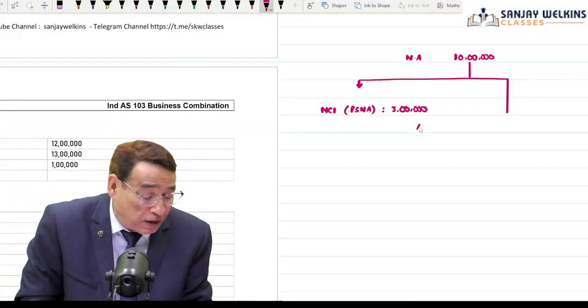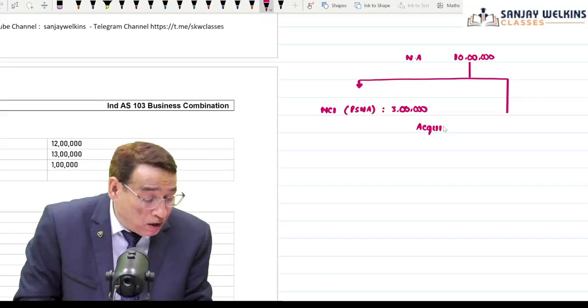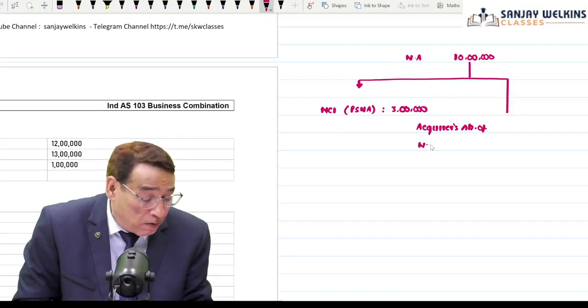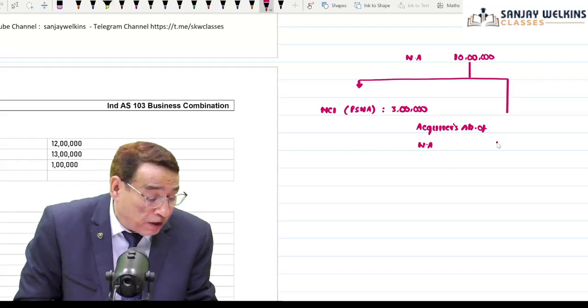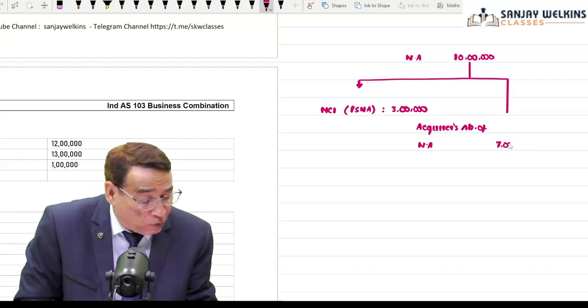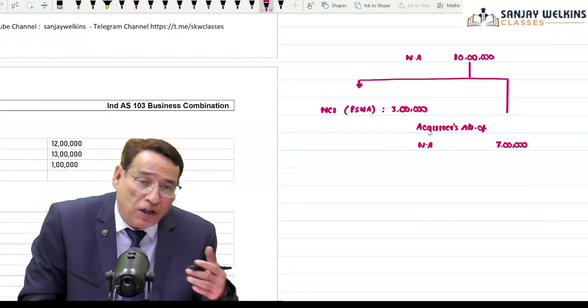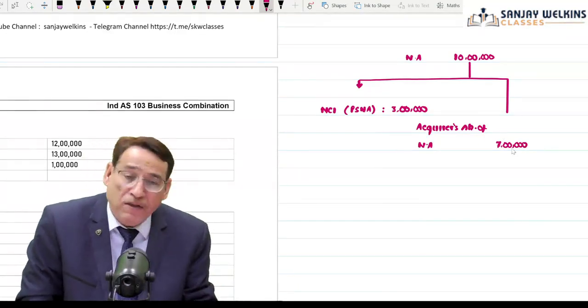So I will write here acquirer's share of net assets, which will be equal to 7 lakh. Acquirer's share of net assets on the date of acquisition in the net assets of the acquiring company is 7 lakh.